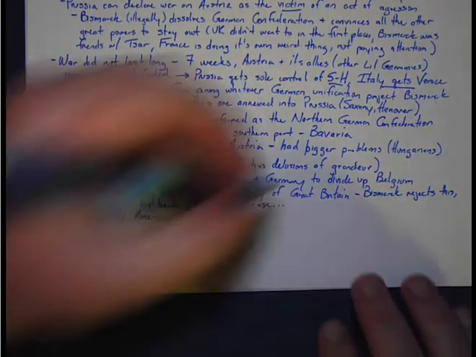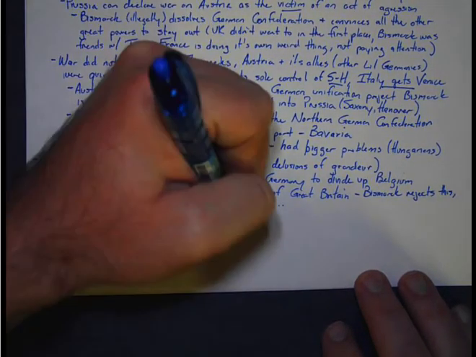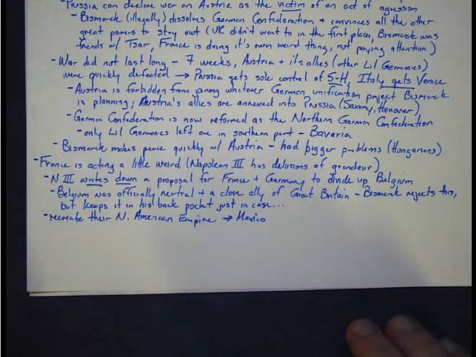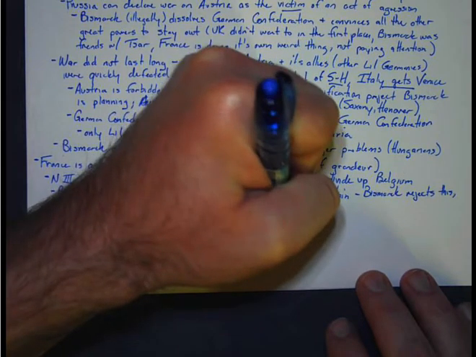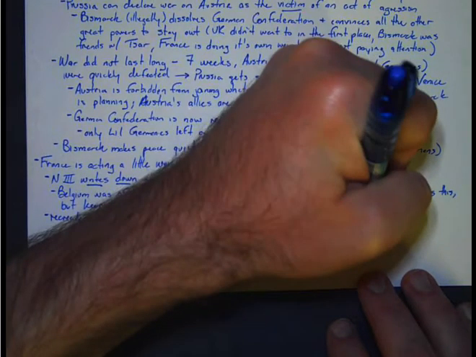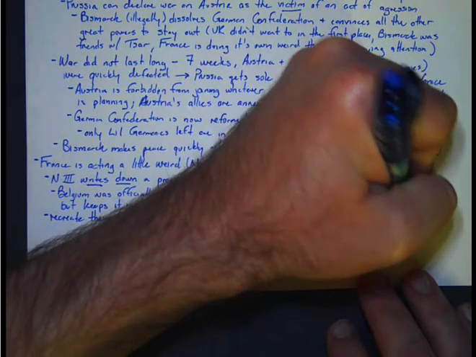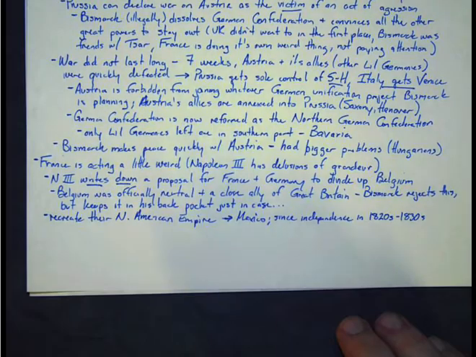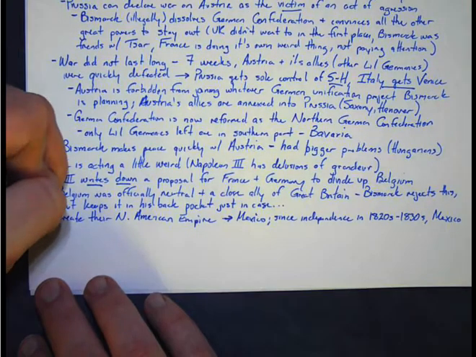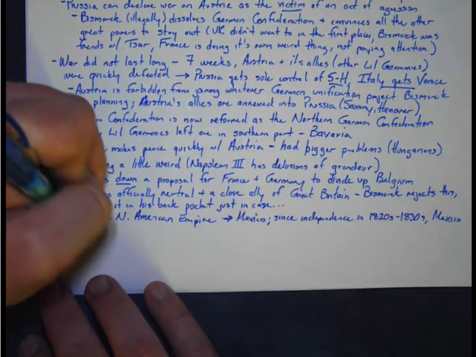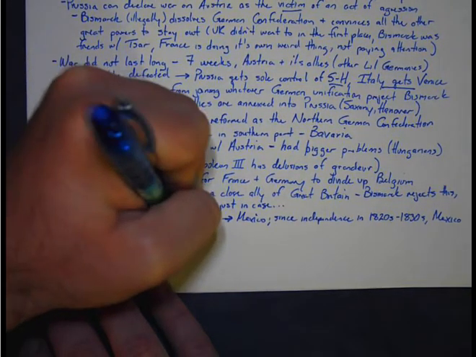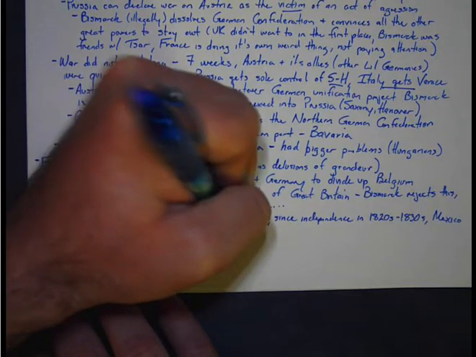Now, we're going to take a quick trip across the Atlantic to Mexico. So, since independence, in the 1820s or the 1830s, depending on who you ask, Mexico went into a lot of debt trying to industrialize.